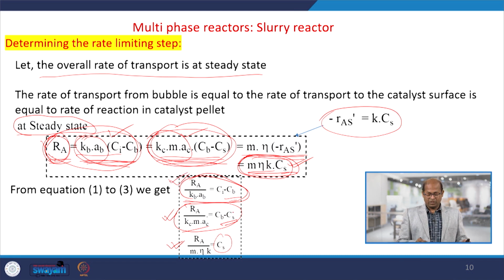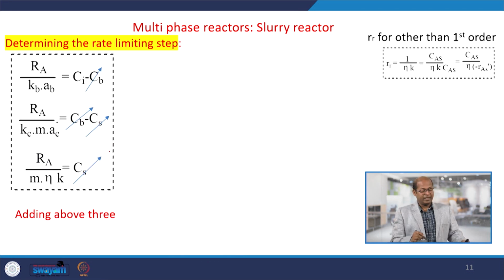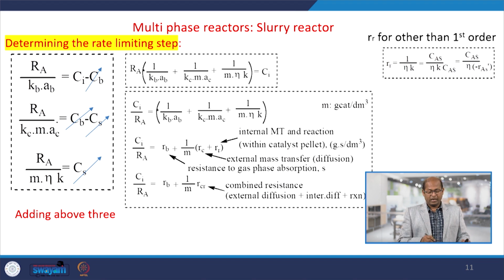Now if we sum up all the left hand sides and right hand sides, you see that Cs is eliminated and Cb is eliminated. Adding all these 3 components, we take RA outside of the brackets, and Ci is left on the right hand side.